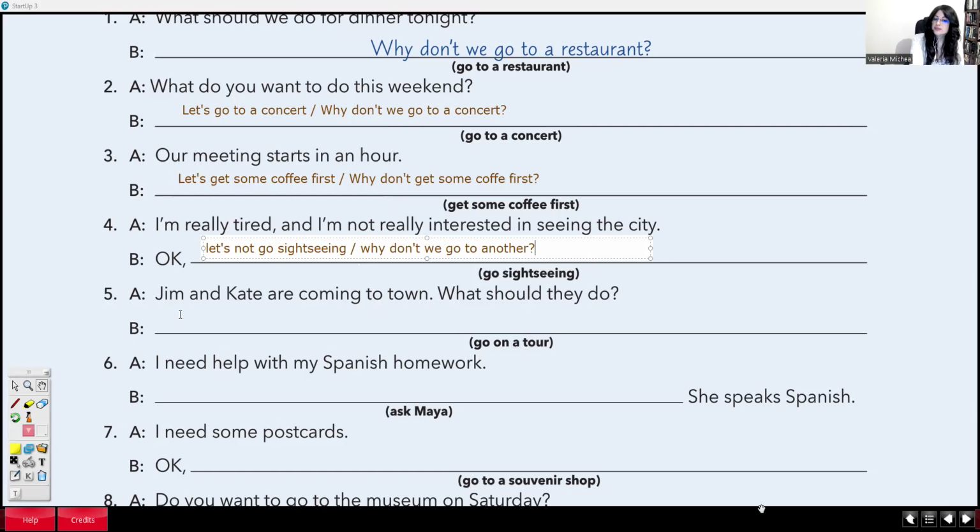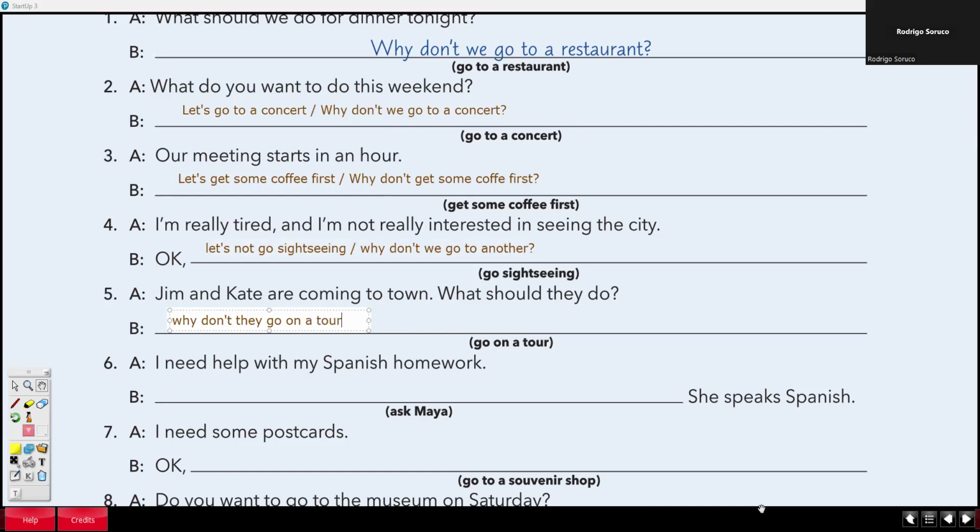Jim and Kate are coming to town. What should they do? We are talking about them, so careful also with the answer. Why don't they go on a tour?